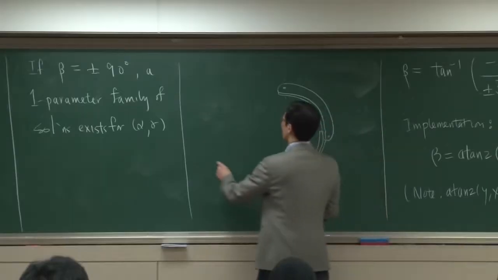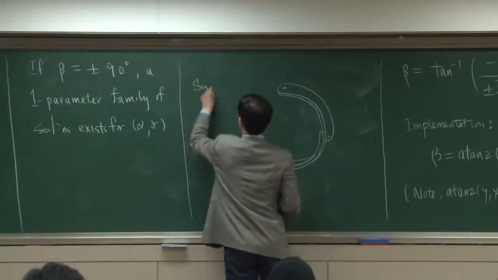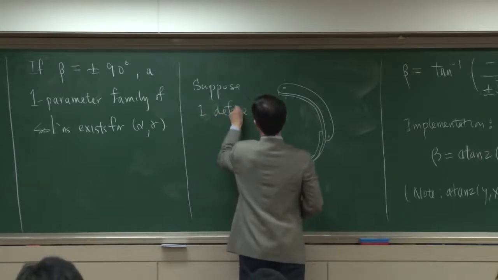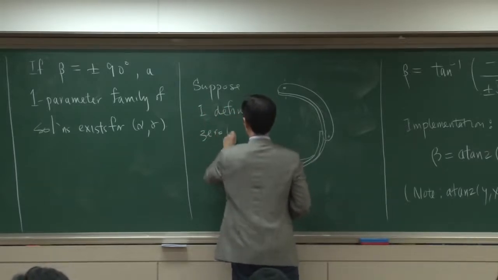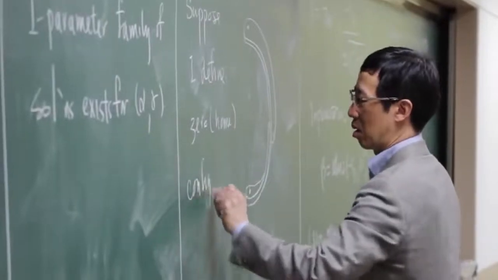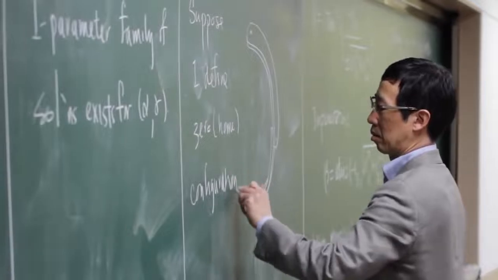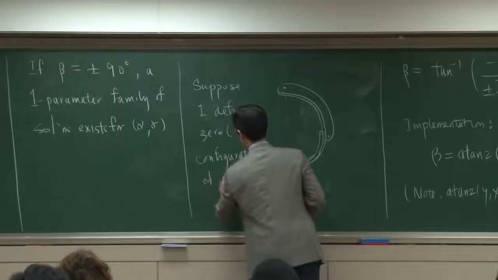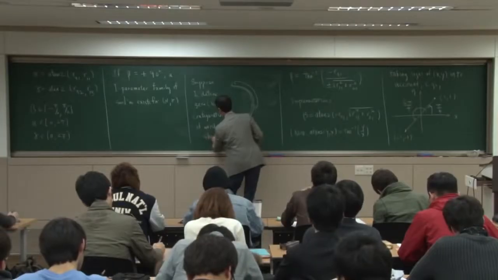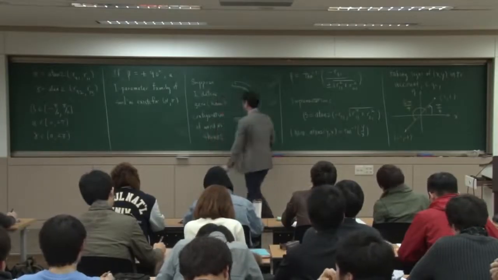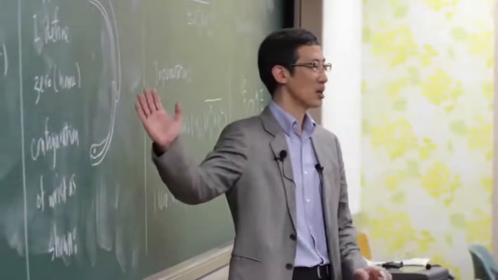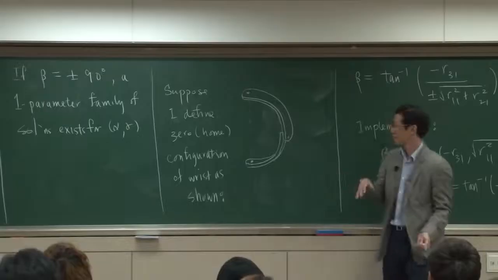So suppose I define the zero or home configuration of the wrist as shown. I can do that, right? I think this is a more natural home position.